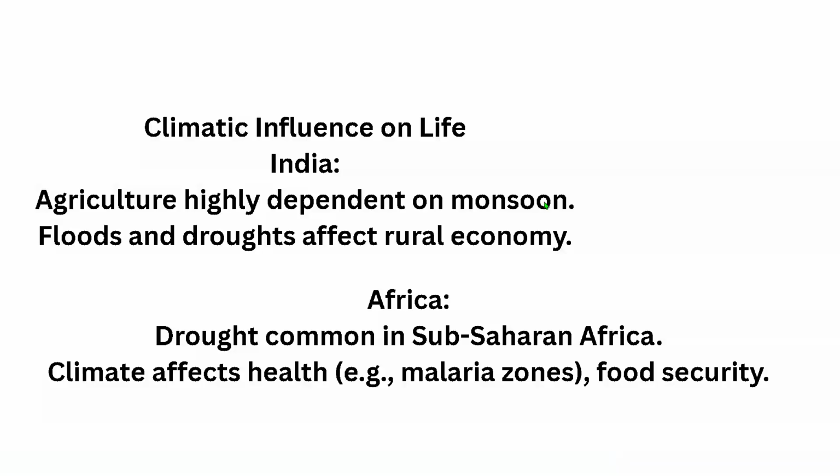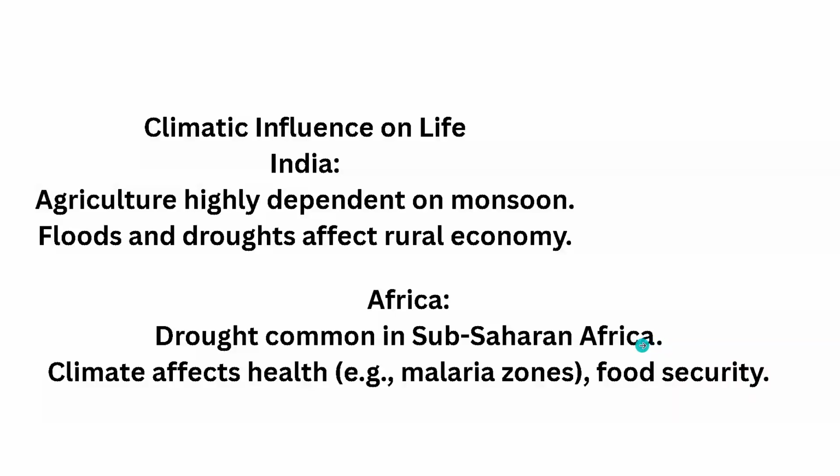Agro-based industries will not get the raw material when agriculture fails, and people depending on agriculture face a great loss. Whereas in Africa, drought is common in sub-Saharan Africa. Why? Because the Sahara is a great desert, rainfall is very less, extreme temperatures.